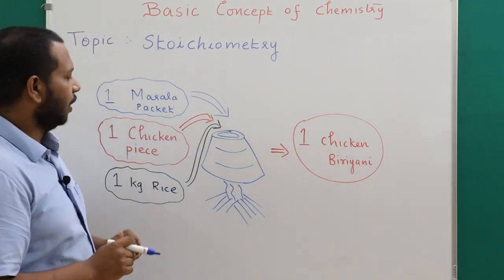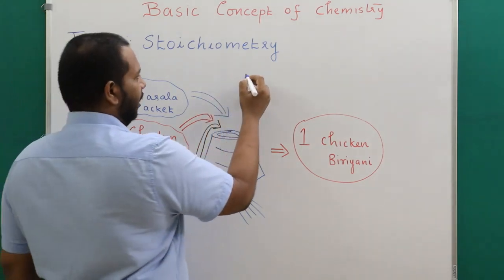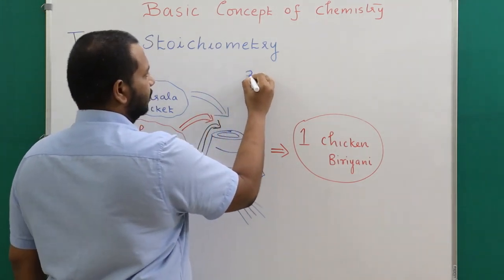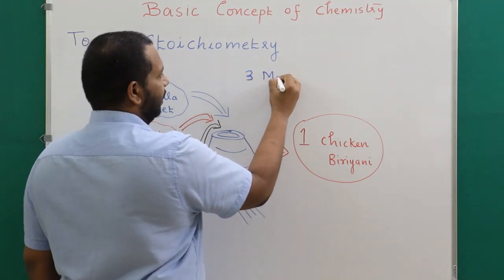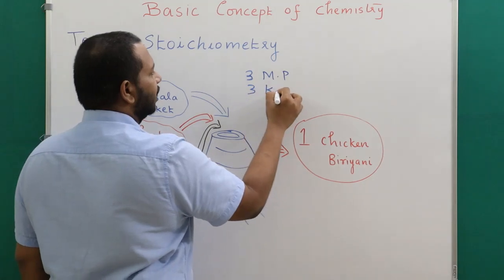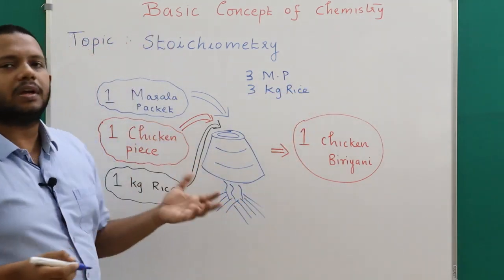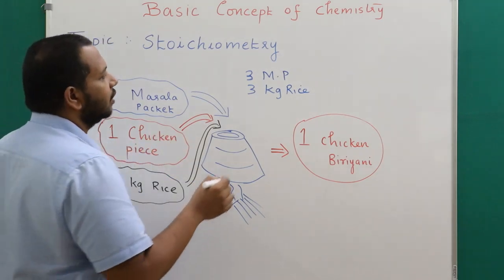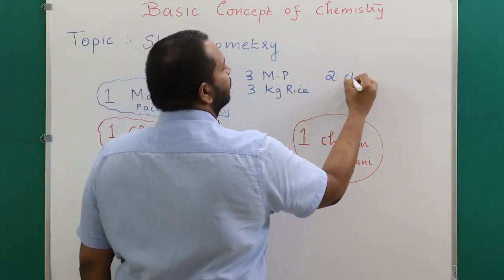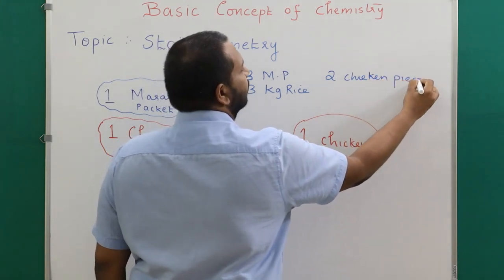So when you are checking, you understood that you have 3 masala packets MP and 3 kg rice is also there. But when you are looking at the chicken pieces, you could understand that there are only 2 chicken pieces.